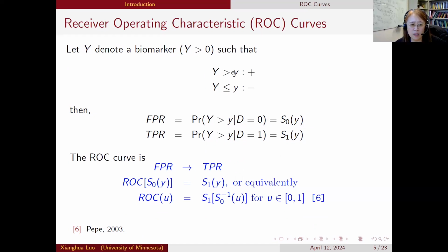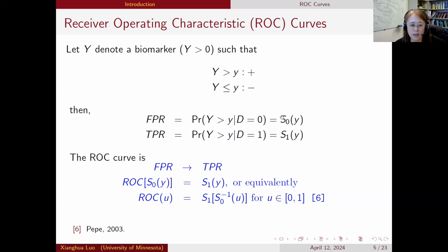When it's greater than little y, it's a positive test result, but when it's less than or equal to y, it's a negative result. So the formal definition of FPR is simply the probability of the biomarker greater than little y, the cutoff, given this is a non-disease subgroup.